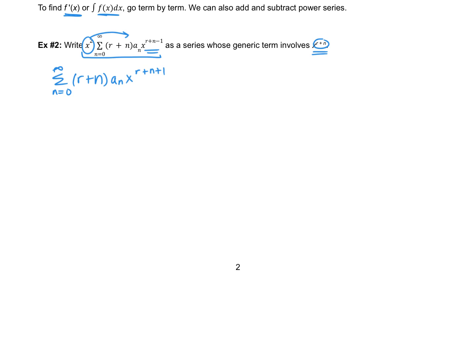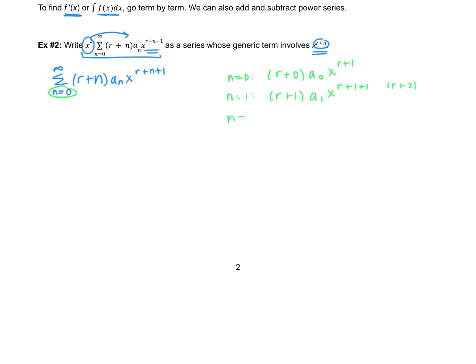So what I would suggest is maybe we just write out the first few terms. If we substitute in n equals 0, we're going to get r add 0, a to the 0, x to the r add 1. Then if we substitute in n equals 1, we're going to get r add 1, a to the 1, x to the r add 1 add 1, or really r add 2.